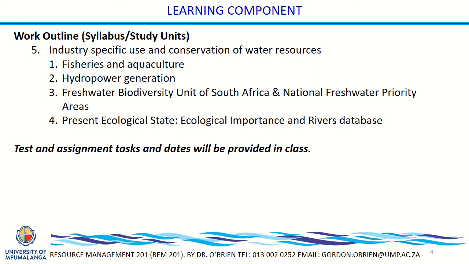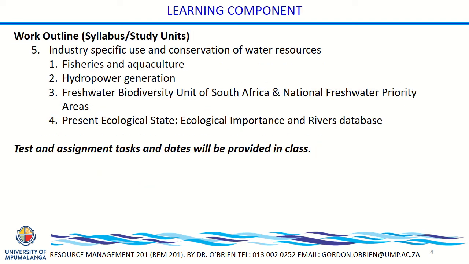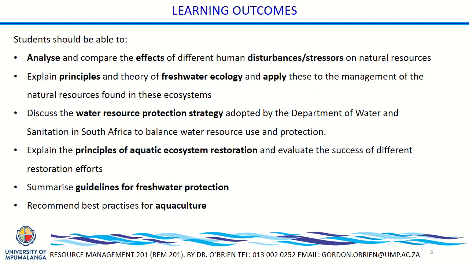And then they have a plan called the National Freshwater Priority Area. It's a set of maps or areas that are established as protected areas so that we can manage our resources well. And then finally, the present ecological state, ecological importance database. That's the course content for REM201.